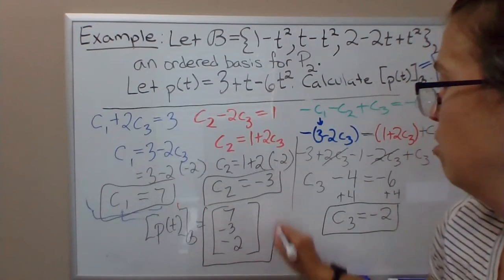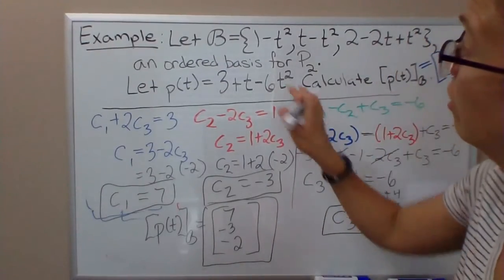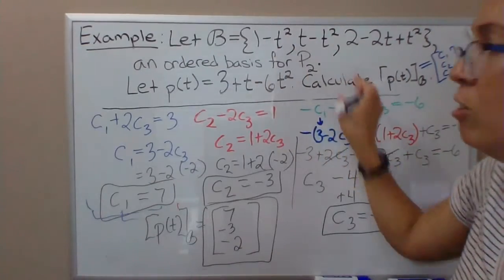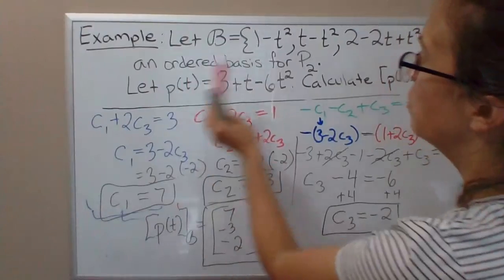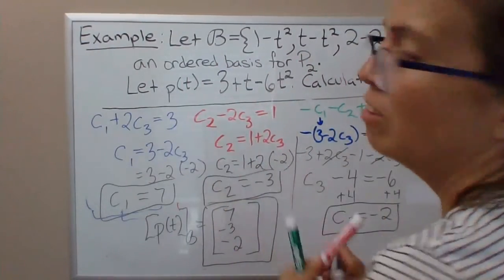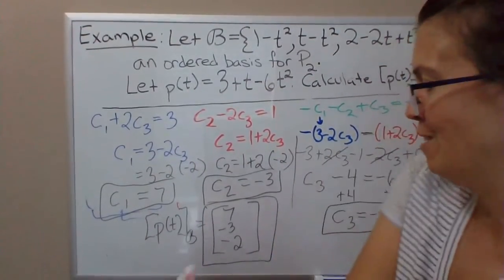So this right here is our coordinate vector. This is exactly the same as the way you would do this if you had an ordered basis involving traditional column vectors. You would set it up the same way. We'd set up C1 times the first vector plus C2 times the second vector plus C3 times the third vector equals the given vector. Sorry, my phone's ringing. But so here's our final answer.